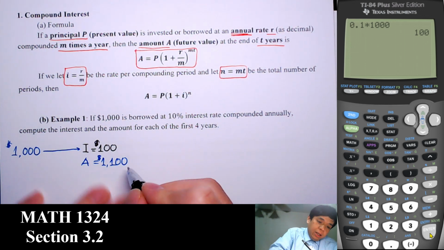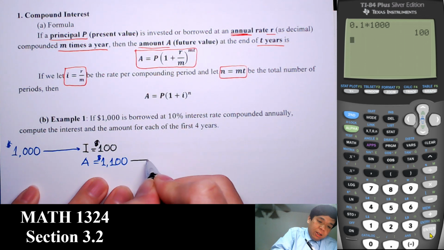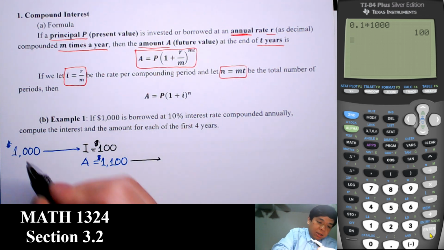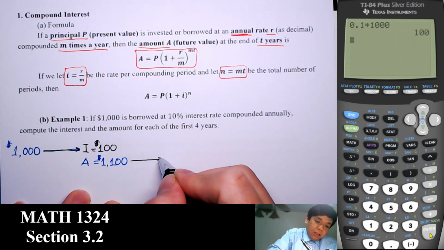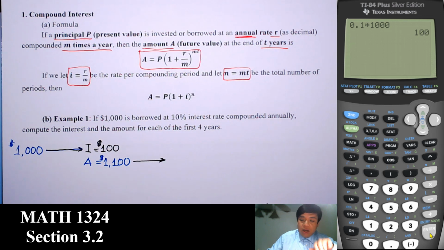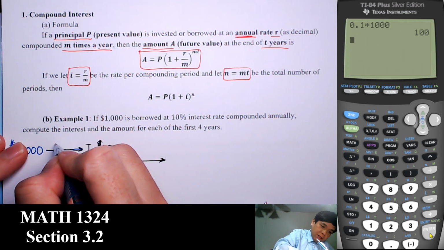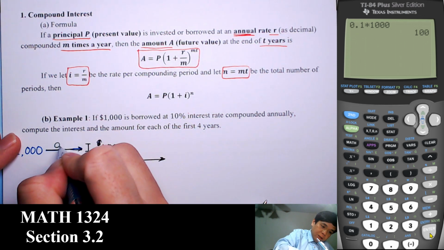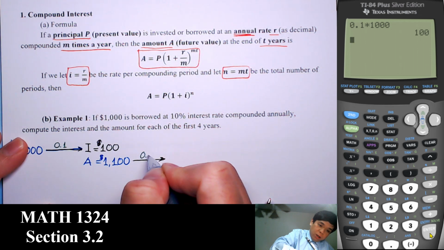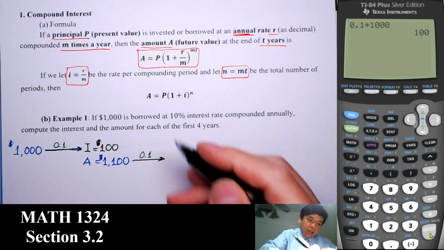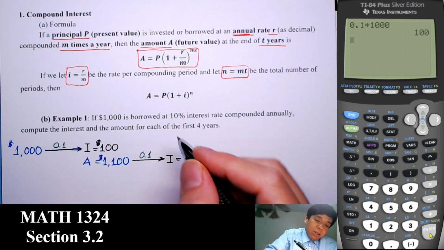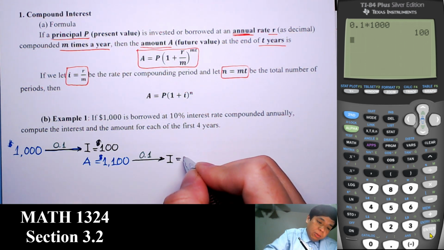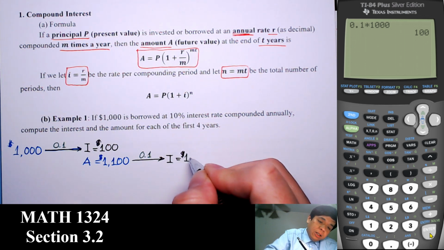Right. Now this is after 1 year. Now after another year, this will multiply by 10%, right? Each time it is 10%, so 0.1. And so that gives us the interest now, the interest for this amount is 110.